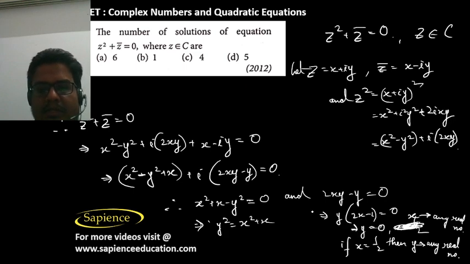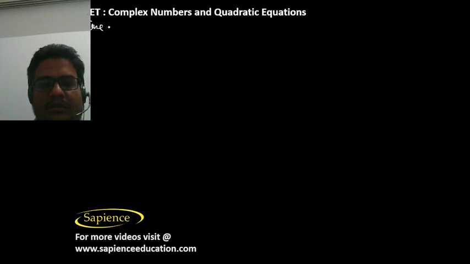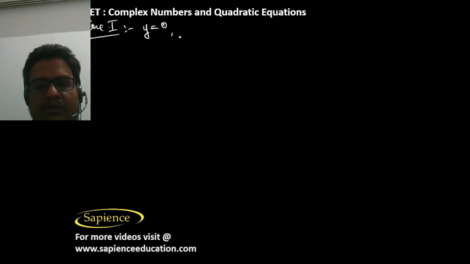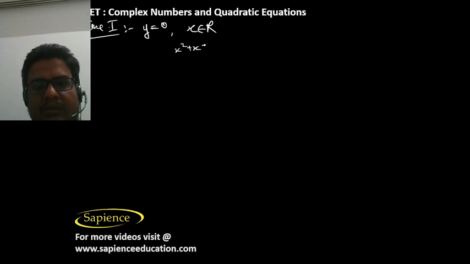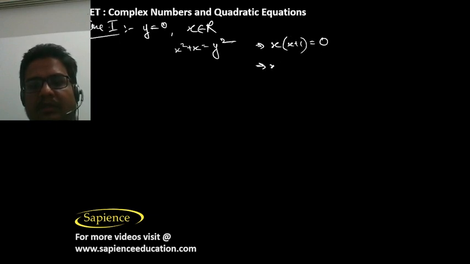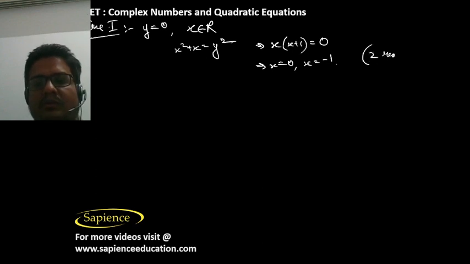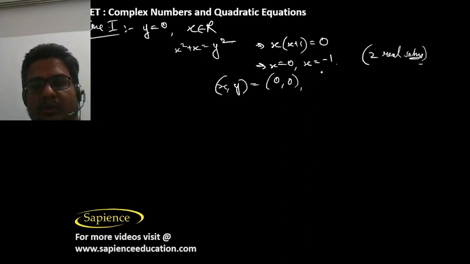So suppose for case 1, we take y equal to 0. Now x can be any real number, x belongs to R, but x square plus x should be equal to y square. It means that in this case x into x plus 1 should be equal to 0. It means x should be equal to 0 or x can be minus 1. So here we can have two real solutions, two sets of solutions x and y. It means that x comma y can be either 0 and 0, or it can be minus 1 comma 0.